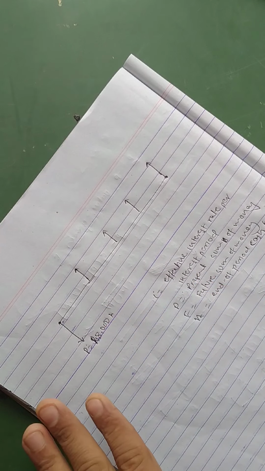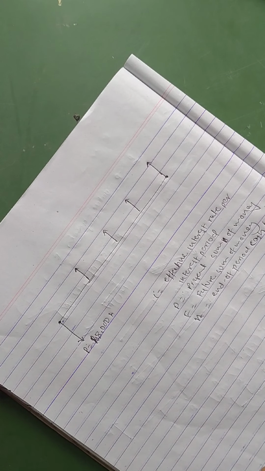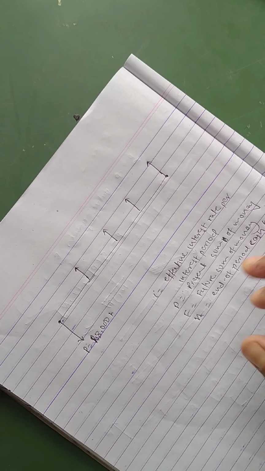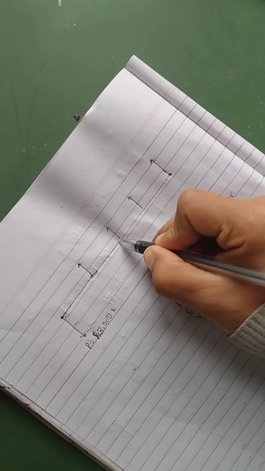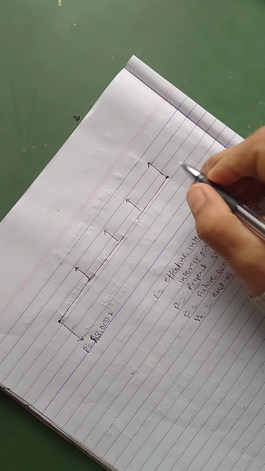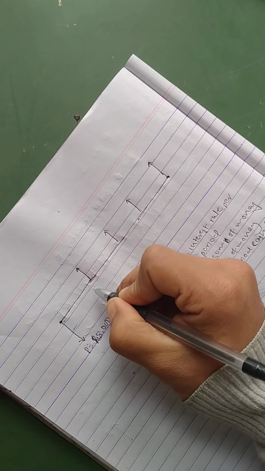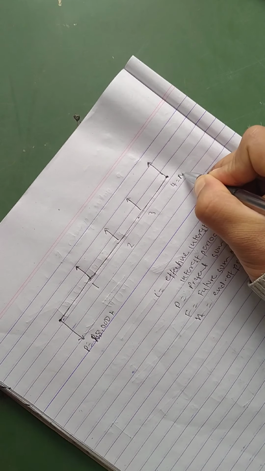So to represent our cash flow in the form of a flow diagram, you have to draw a horizontal line. The horizontal line is a time scale, 1, 2, 3, 4, up to n.